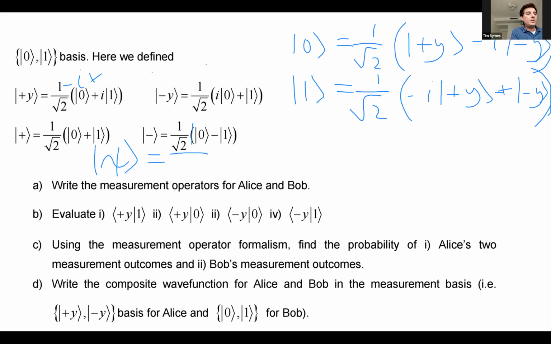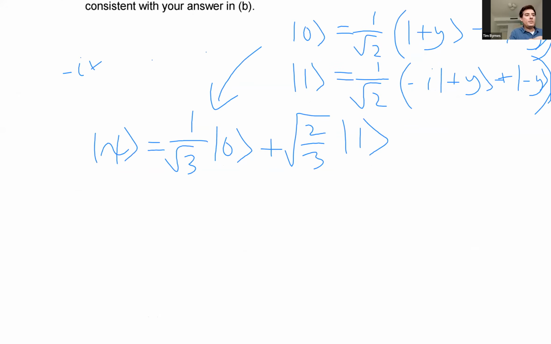So Alice's state was this one, 1 over root 3 of 0 and square root of 2 over 3 of 1. We can just substitute these things into here. Let me make it a bit more visible.